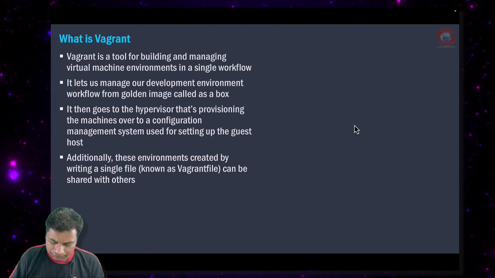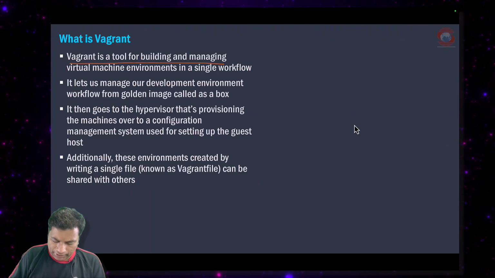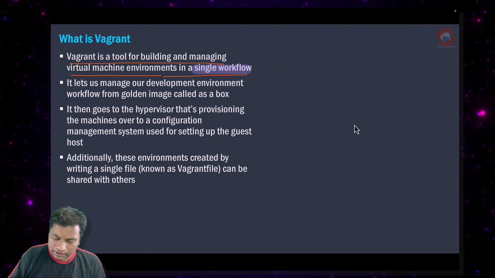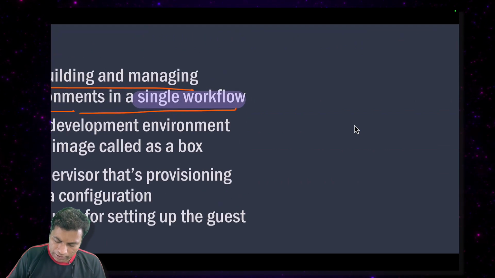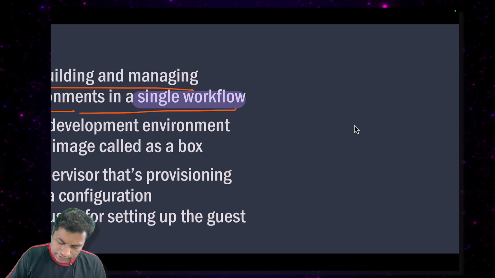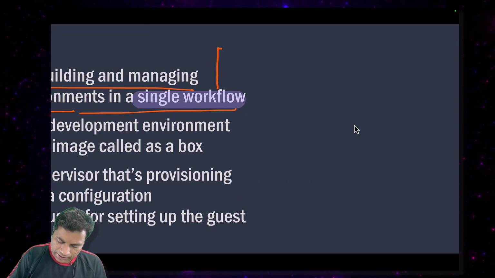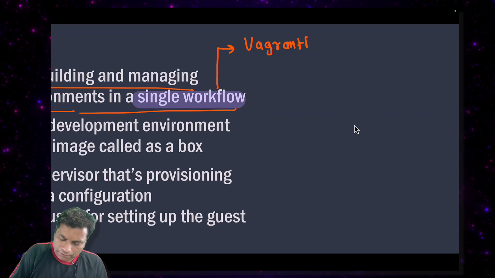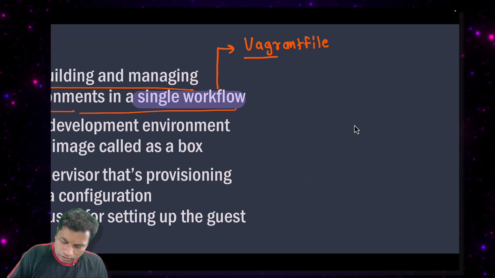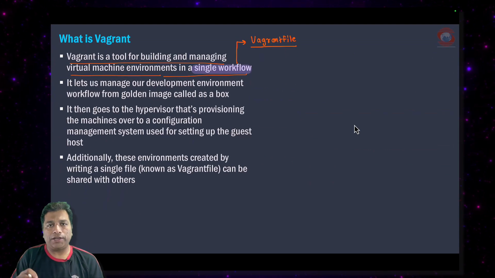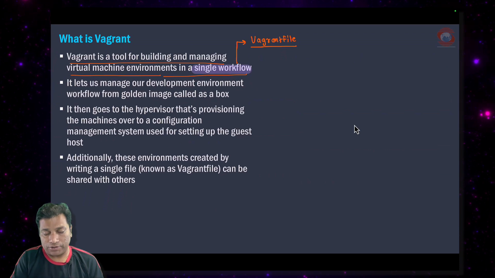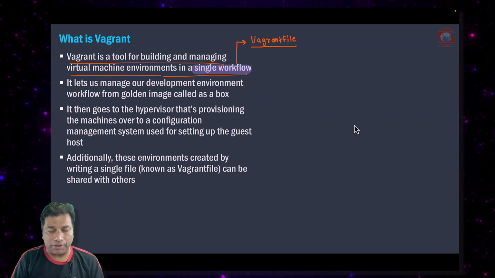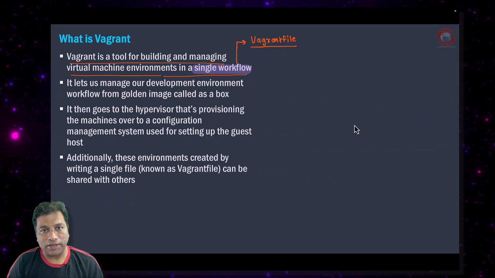It's very simple. Vagrant is a tool for building and managing virtual machine environments in a single workflow. That single workflow is implemented by using something called a Vagrantfile. Precisely, you create a file called a Vagrantfile and put all the configuration there, whatever you want to use to develop the entire infrastructure or environment.